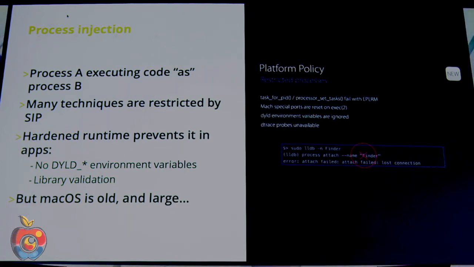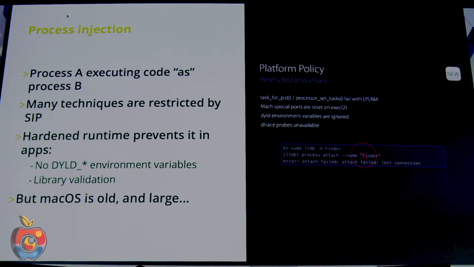So like the environment variables and library validation, which means that you can no longer load a dynamic library unless it is signed by either Apple or by the same developer. But macOS is pretty old, pretty large. It's been written for a long time under the other security model. So there's still a lot of places where process injection vulnerabilities may exist.